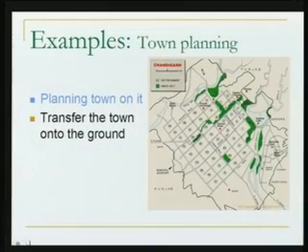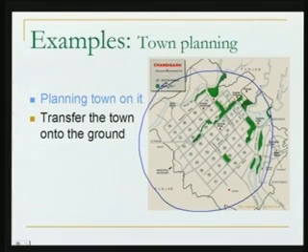Well, having planned the town, again the same thing. Now the town is planned in a map, as we can see here. It's still not there on the ground, there is nothing. The ground is still the same: some rivers, villages, agriculture fields, that's it. There's nothing on the ground.